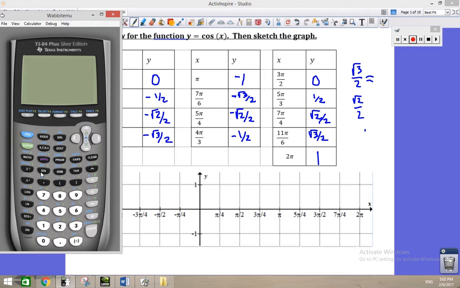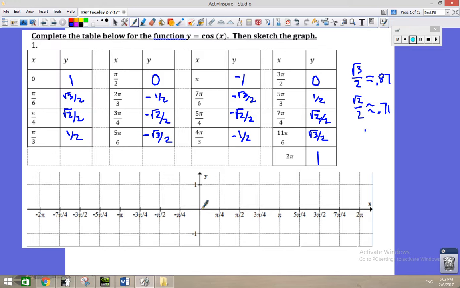If I have the square root of 3 divided by 2, 0.87, so real close to 0.9, and square root 2 over 2, 0.7 something, probably 0.71. So that's just going to be an approximation. I'm just going to have to eyeball it.